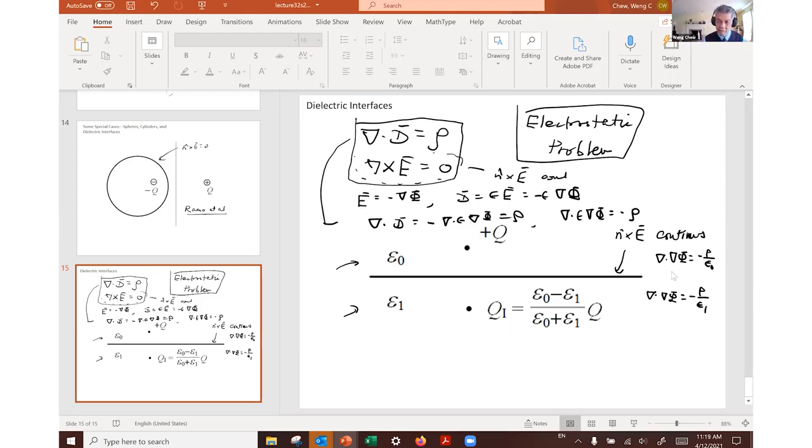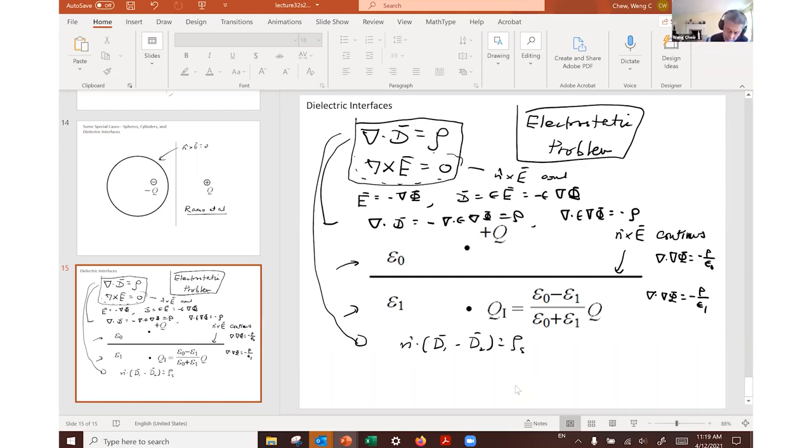The two boundary conditions: tangential E is continuous. The other boundary condition follows from the divergence equation: if I were to go from one region to the other, the boundary condition it induces is D1 minus D2 is equal to the surface charge.